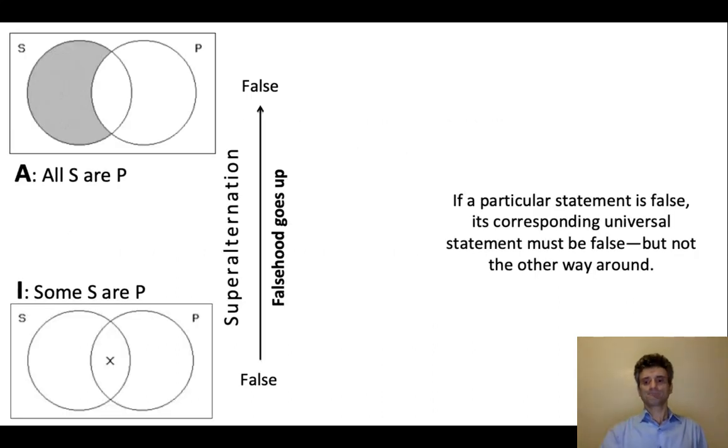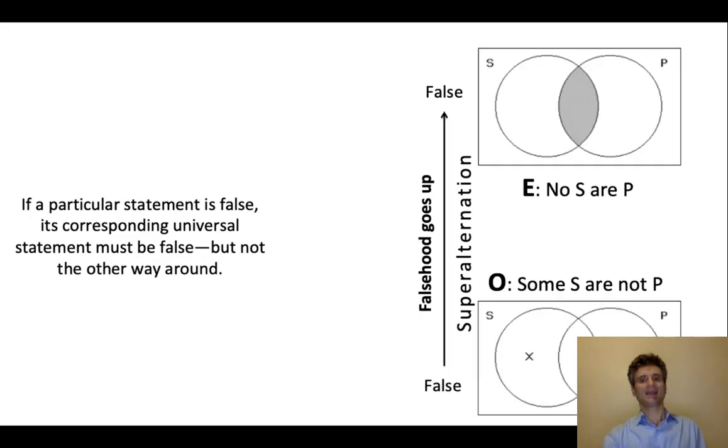So if I is false, A must be false, but not the other way around. And if O is false, E is false by logical necessity, but not the other way around.